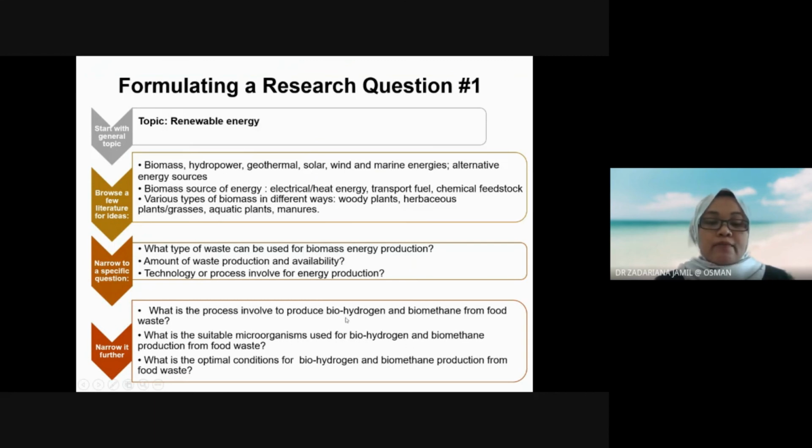The first one is to know what process can produce biohydrogen and biomethane, and then what suitable microorganism is used for the production. Finally, the question is on the optimal conditions for biohydrogen and biomethane production from food waste. What is the optimal condition? So this is how we formulate research questions.